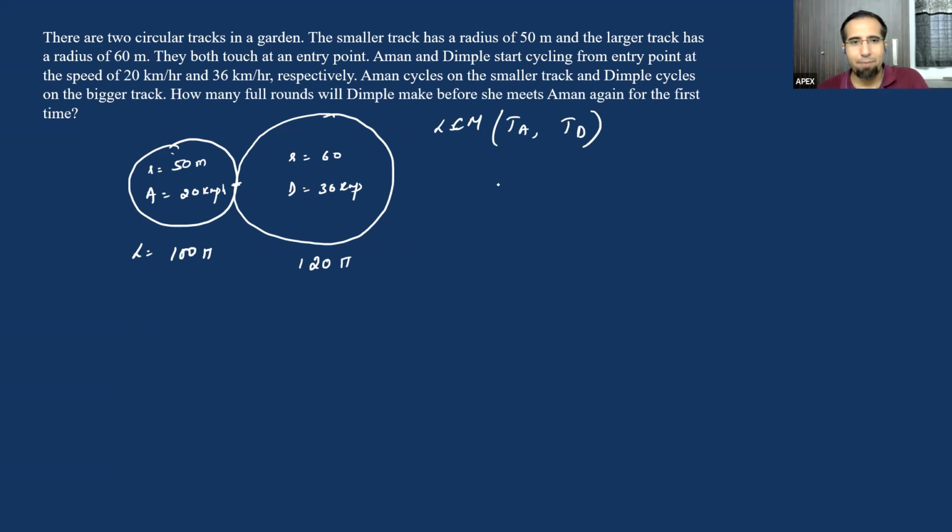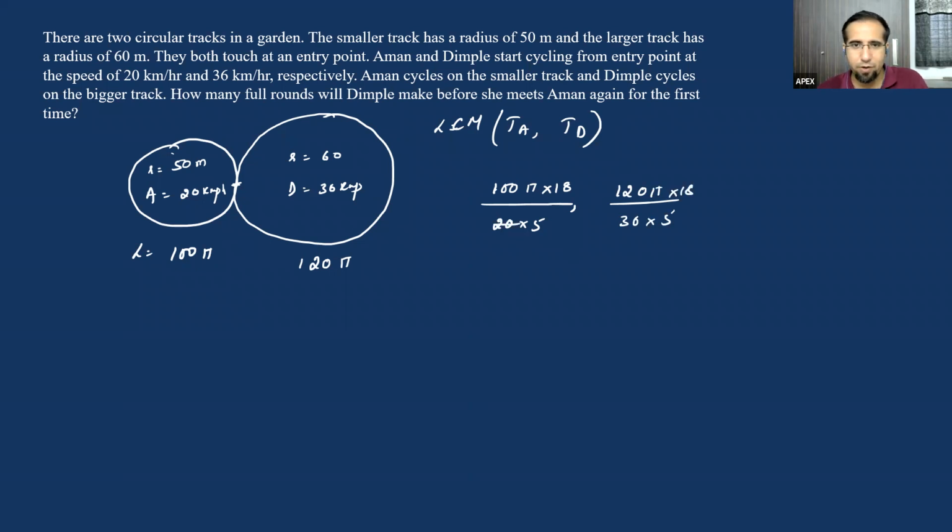So the time taken by A is the distance 100 pi divided by the speed. Now, what is the speed here, guys? 20 kilometers per hour, in meters per second, is 20 into 5 by 18. Similarly, the time taken by D to cover one round is 120 pi divided by 36 into 5 by 18.